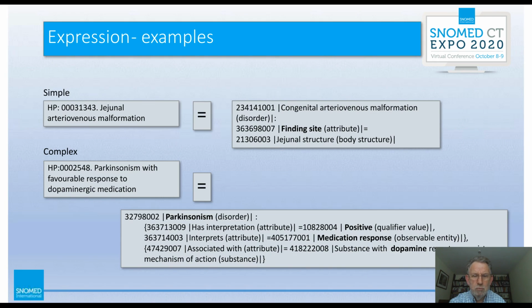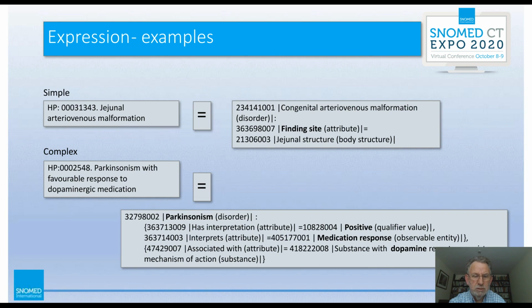An example of a more complex expression, well, we've seen the simple expression here with a simple refinement, which is just adding a body site, gives SNOMED meaning to the HPO term, so that we've defined it carefully and it can be used further in a number of ways.